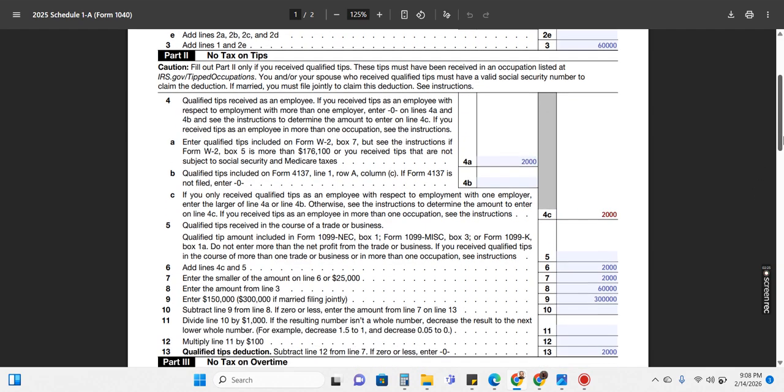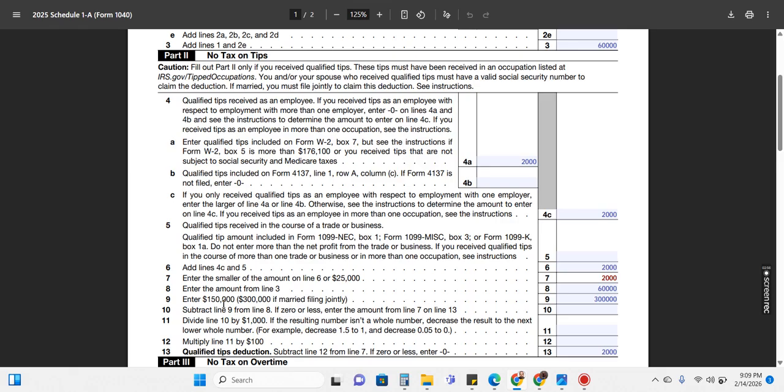Then qualified tips received in the course of a trade or business, nothing. Add lines 4 and 5, which is again 2,000. Enter the smaller of the amount on line 6 or 25,000, which means you can deduct up to 25,000. If your tips are 26,000, 27,000 or 30,000, you cannot deduct more than 25,000.